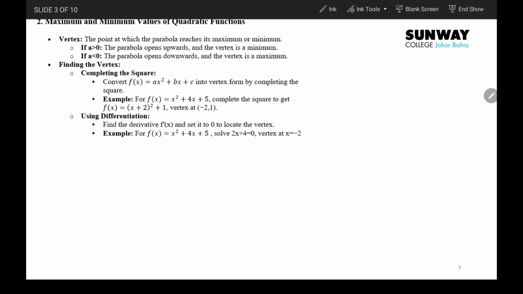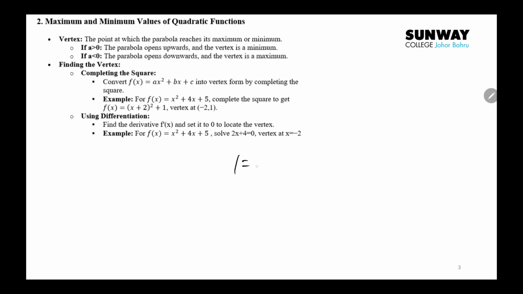If you use completing the square, when y equals x squared plus 4x plus 5, all you have to do is make it compatible with this form: (x plus b over 2) squared plus c. You have to make sure that there is a b over 2 here.